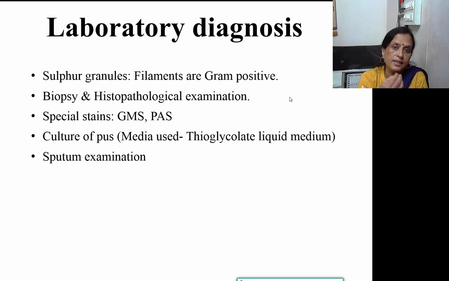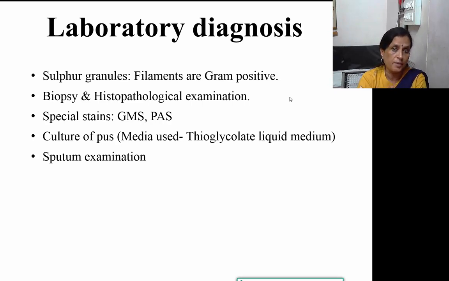So for biopsy, take a tissue, send it in formalin for histopathology, or take that material and ask the microbiologist how it has to be sent. They use thioglycolate liquid medium for culturing this. Or in histopathology, if we still want to do a special stain, there are so many, but we can resort to a silver stain, that is Gomori's methenamine silver, or periodic acid Schiff stain.